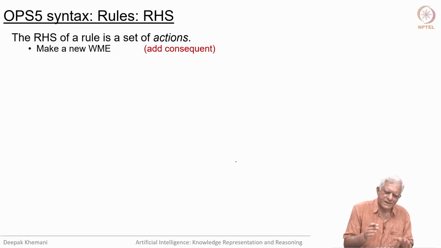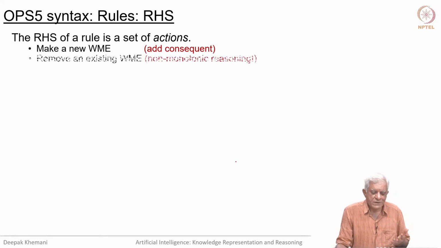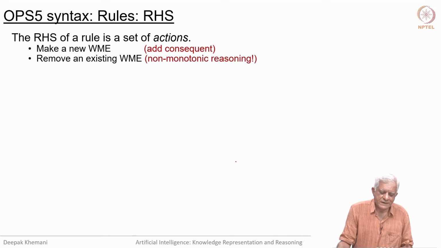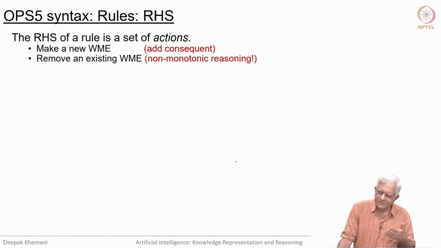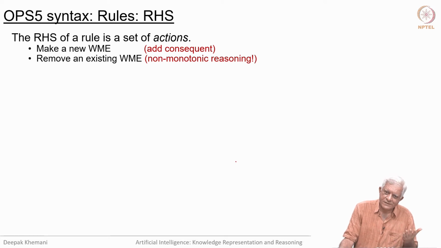So, this part is like doing logic, but you can also remove an existing working memory element. Now, in classical logic, it does not make sense to remove things. Classical logic is also called mathematical logic, because it captures the relations between elements in the domain, and those relations they always exist in mathematics at least, that if something is true, then it is always true essentially. Then what is the point of saying that remove it from this thing?